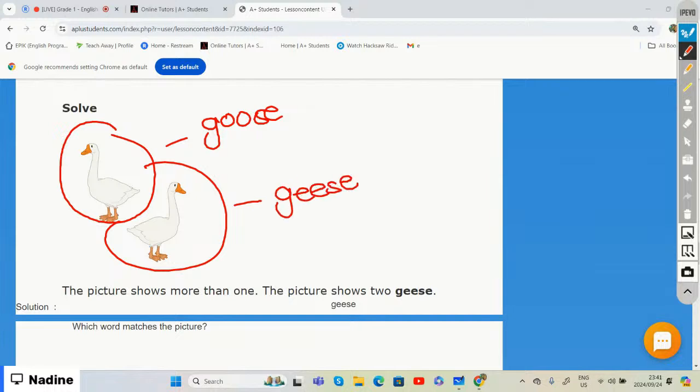And you see how the wording or the spelling changes? One goose, double O, but one, two geese, double E. The spelling has changed. And that is why we cannot say you need to follow a specific rule, right? Because if you look at the words man and men and now goose and geese, then you're just going to have to remember the spelling of the nouns in order for you to identify the irregular plural noun, right?